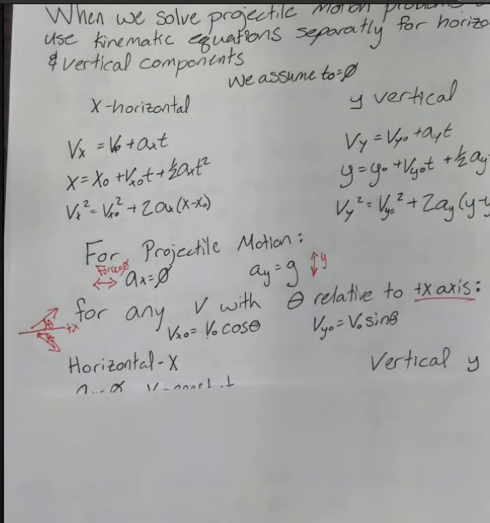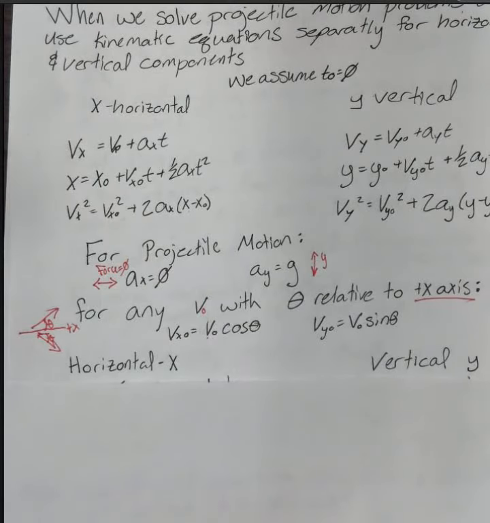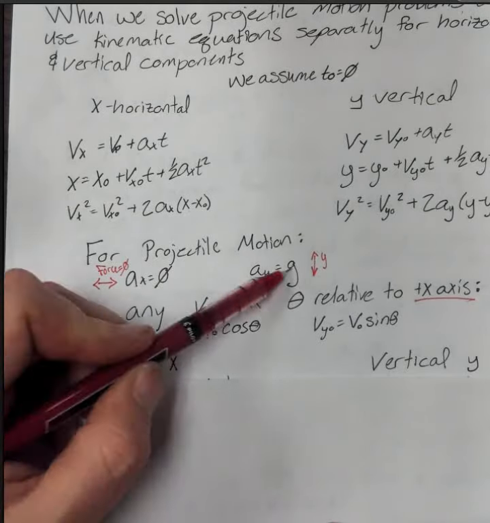And once we break our velocity down relative to the axis into its x and y components, we can take a look at the horizontal and the vertical equations with ax equals 0 applied and ay equals gravity applied.